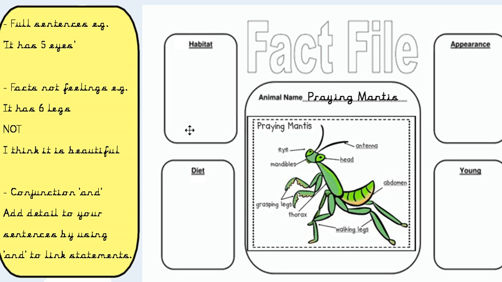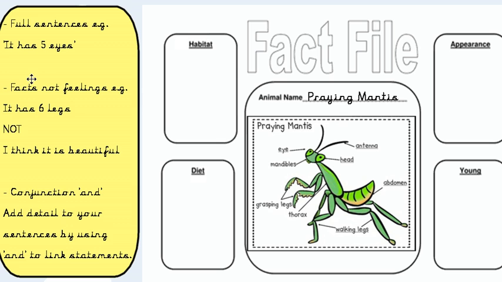Over on the left you'll see a box with some success criteria or steps to success. What I'd love to see in your fact files are these things. Firstly, full sentences. For example, it has 5 eyes. So rather than writing 6 legs or 2 eyes with bullet points, I'd like a full sentence, please.